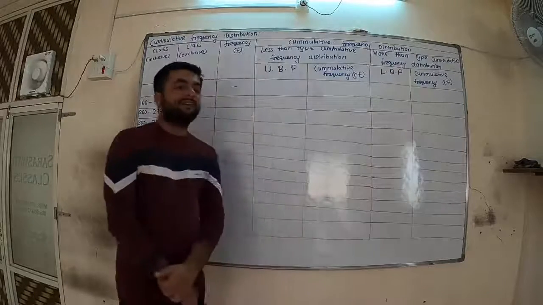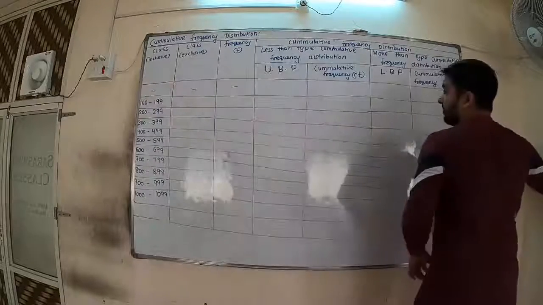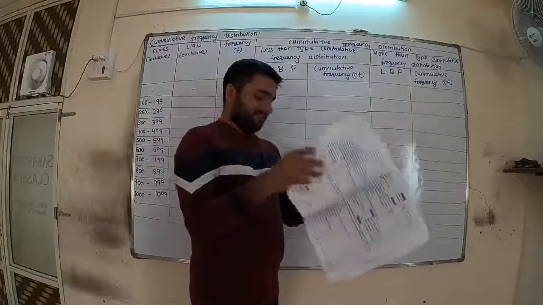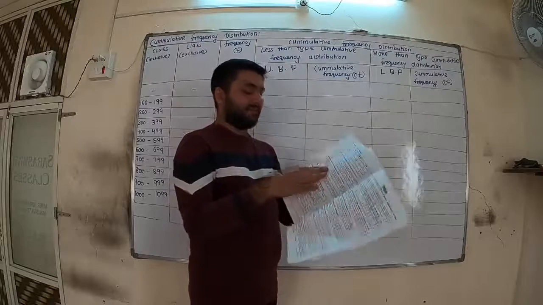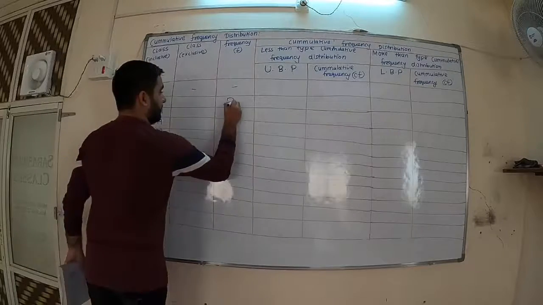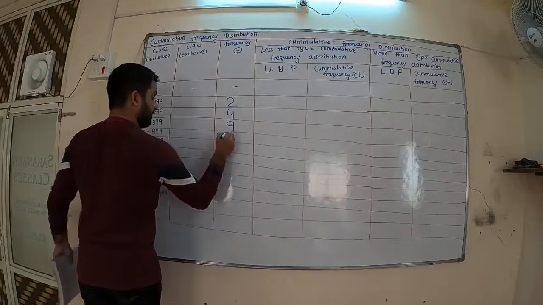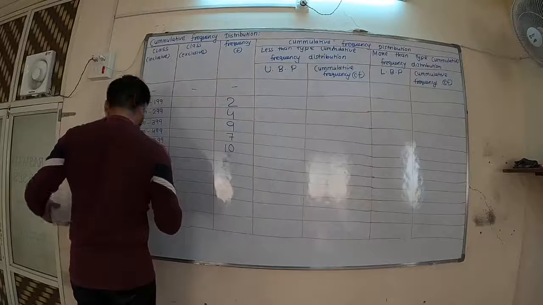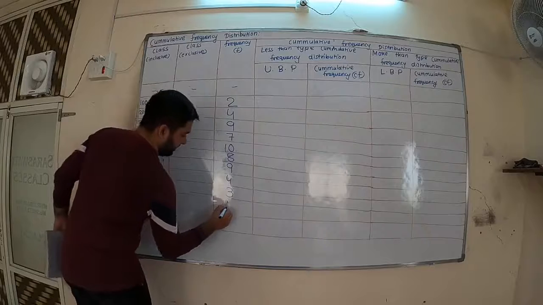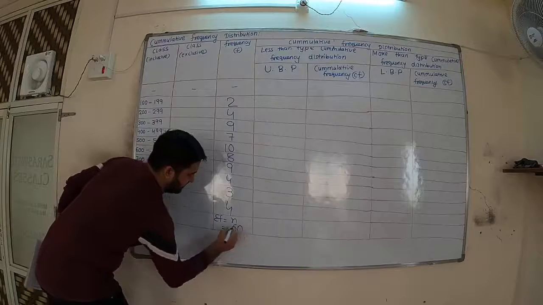Now friends, in the book they are giving one frequency, you will add, but we are not doing that thing. First I have not written the data; I have to see in the answers. Okay, what was the frequency? 2, 4, 9, 7, 10, 8, 9, 4, 3, 4, and sigma f is equal to n is equal to 60.